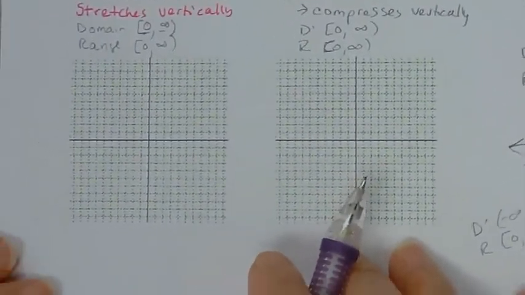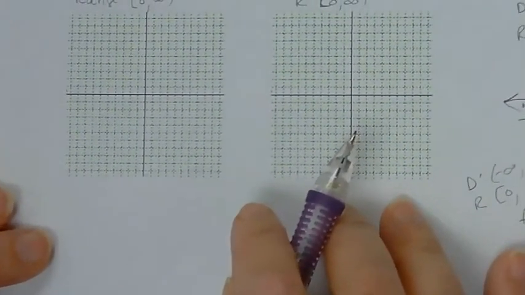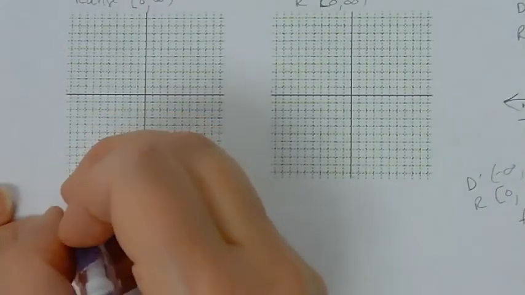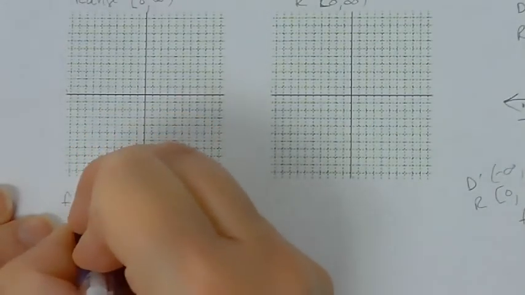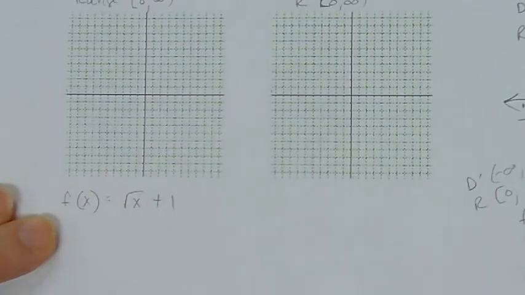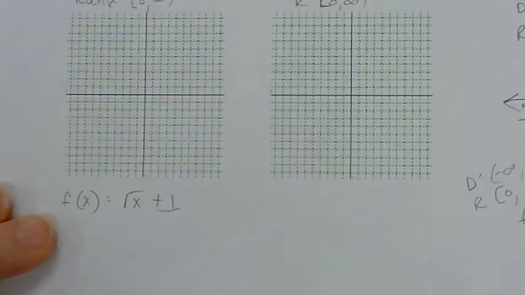Let's do 2 others. Let's see what happens to the graph whenever I put a 1 at the end. So what typically happens when we add a 1 at the end of our function? Well, this either shifts it up or down. And since I have a plus 1, it's going to shift it up.